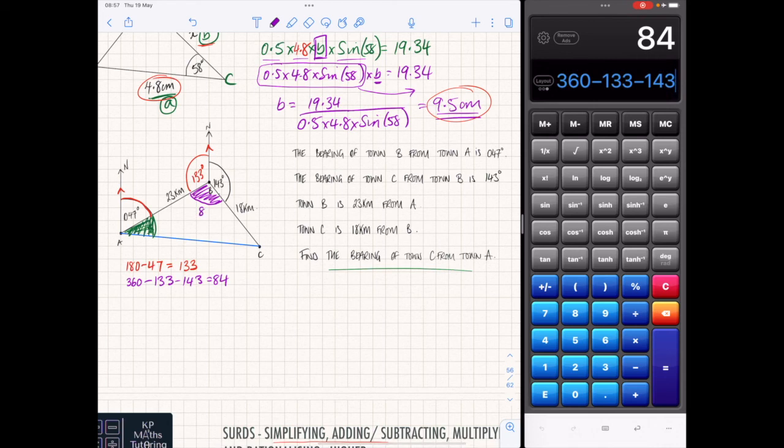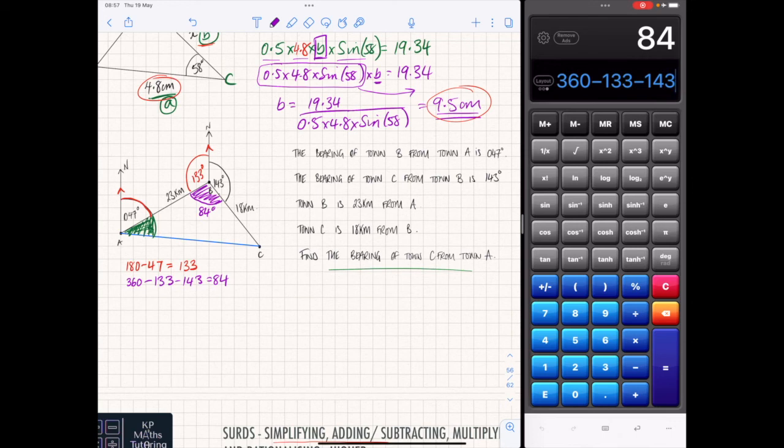So this here is 84 degrees. So the first step to find that missing co-interior angle, 180 minus 47 is 133. And then because we know that angles around a point have to add up to 360 degrees, we've found the missing angle there as well.